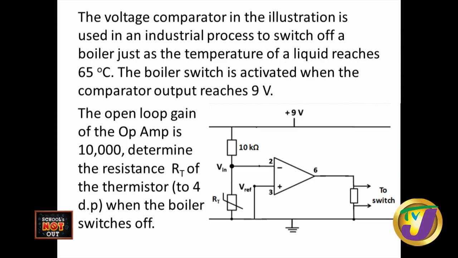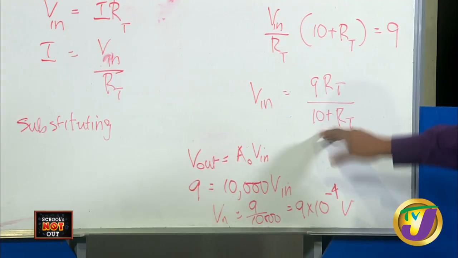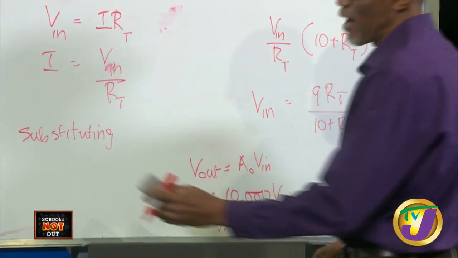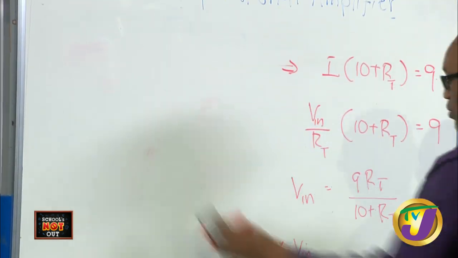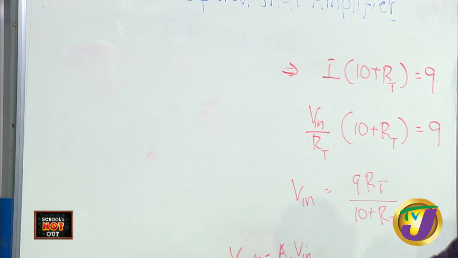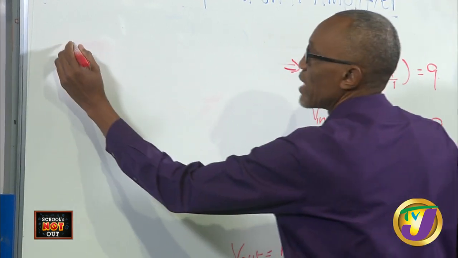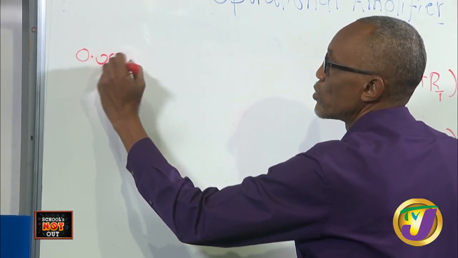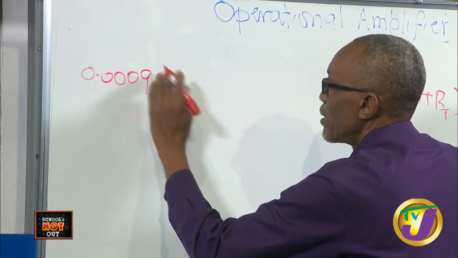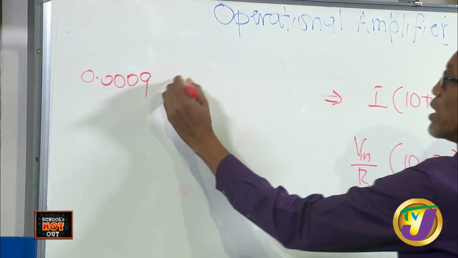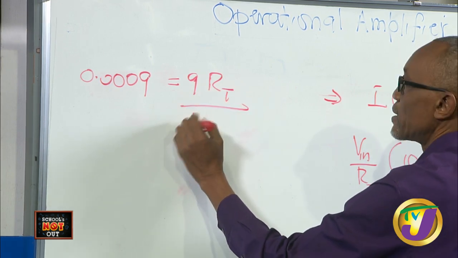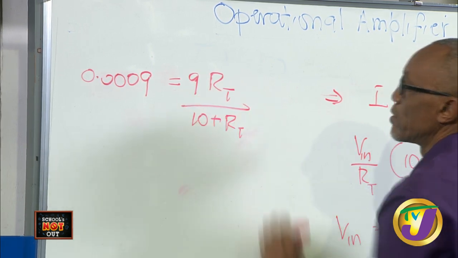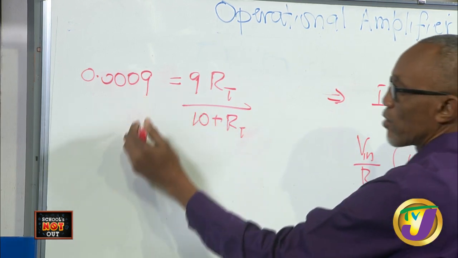So we can substitute this now into this equation and find a value for RT. I'll erase this side here. So V in, we said, is 9 by 10 to the negative 4, and that V in would be equal to 9 RT over 10 plus RT. So we can cross multiply.